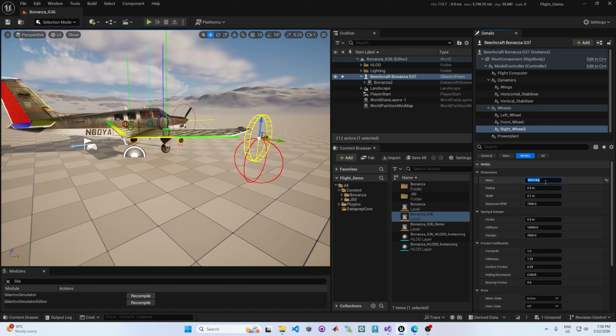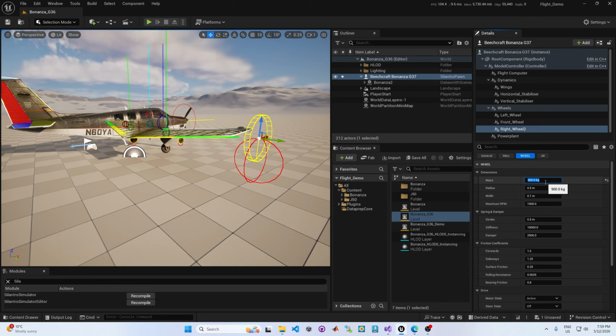Setting this up for a new wheel might be tricky, because this is not information that is usually readily available, but you can make a calculated guess based on the total mass of the aircraft.